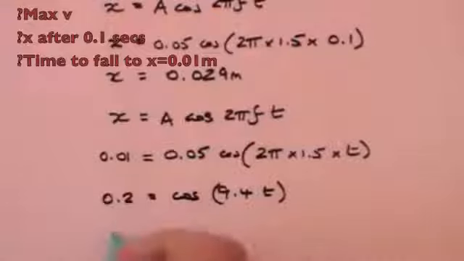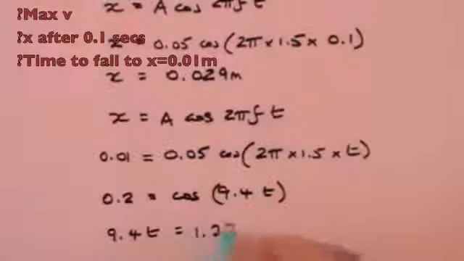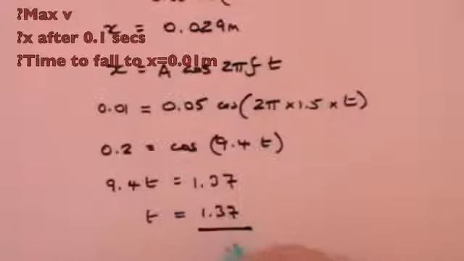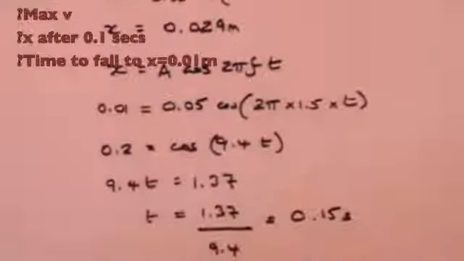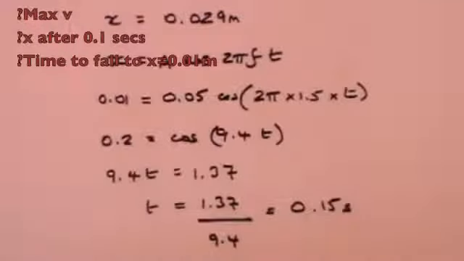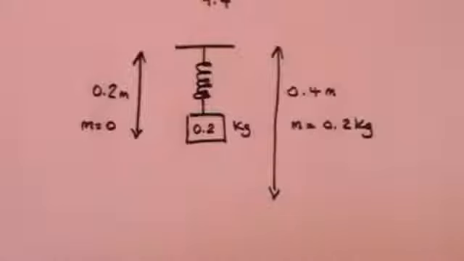That gets you that 9.4 t is equal to 1.37, and so t is equal to 1.37 divided by 9.4, which equals 0.15 seconds. So it takes 0.15 seconds from the maximum displacement before it is a displacement of 0.01 meters from the midpoint.